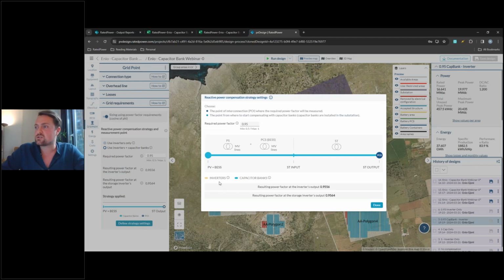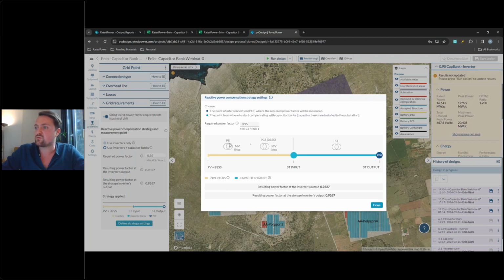Using the strategy settings, we can define which of the systems are compensated by which device. By moving the slider, we can say that we want the MV lines to be compensated by the inverters until the station input, and then whatever is in the station, we want to compensate.